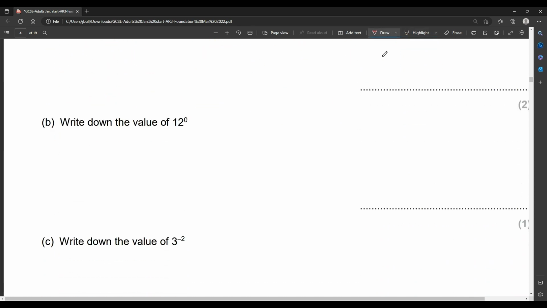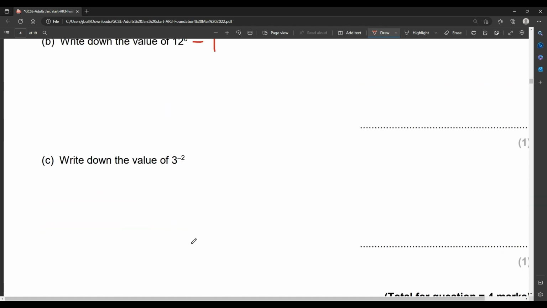7b and c are then also index law questions. So these ones, you just have to know any number to the power of 0 is equal to 1. It doesn't matter what the number is, it's always equal to 1. And for part c, we want to write down the value of this, so they actually want us to work this one out.